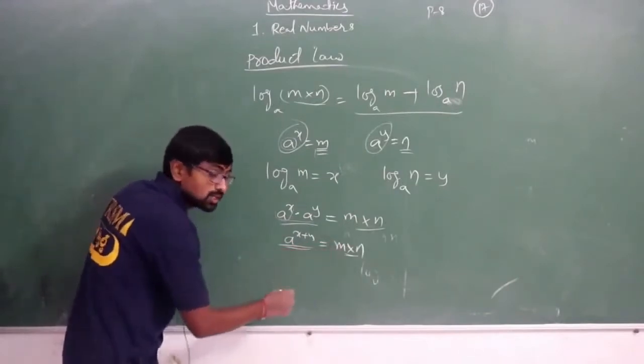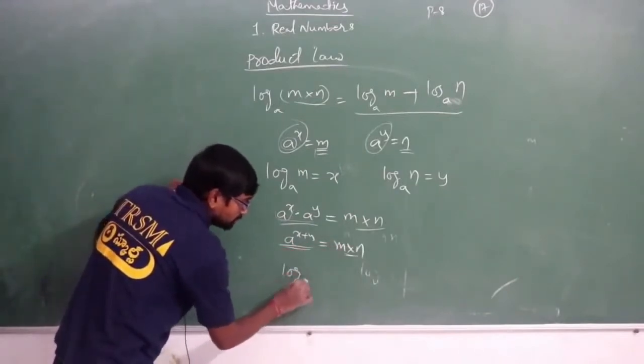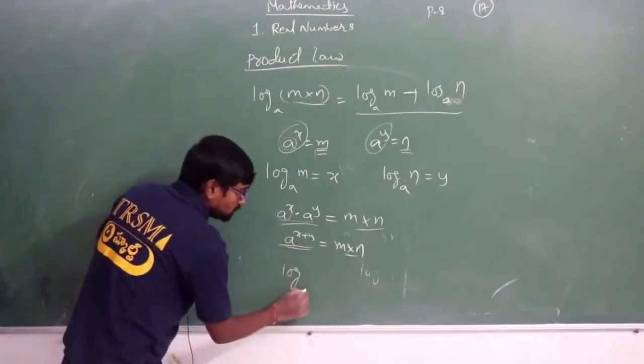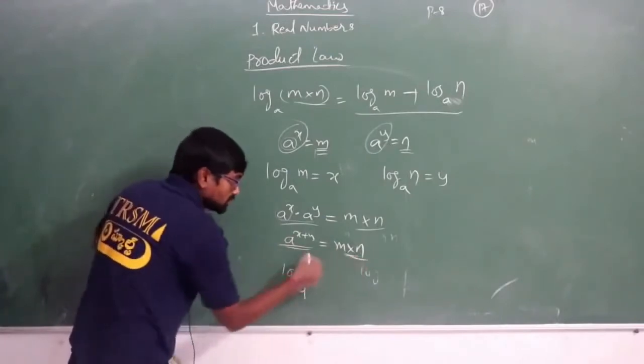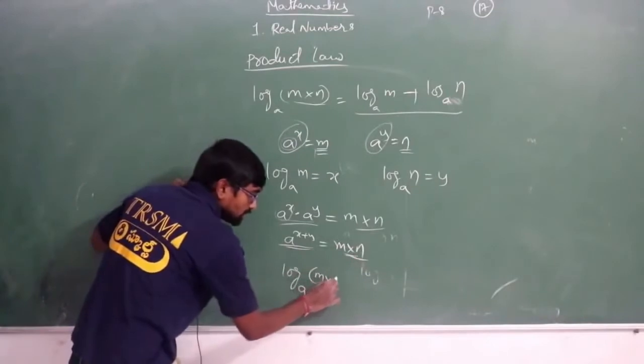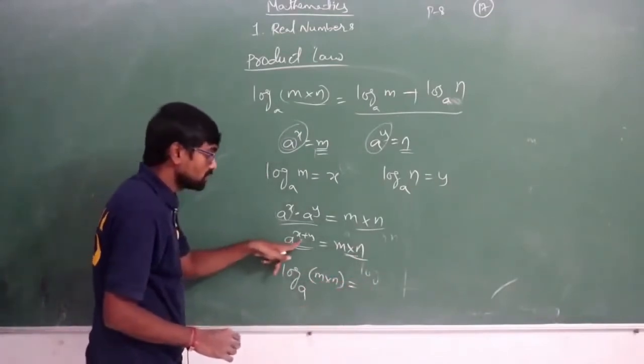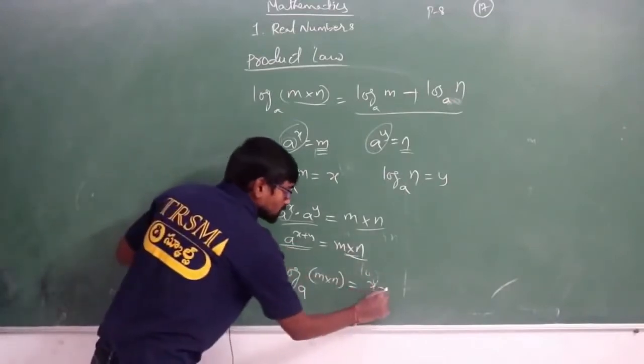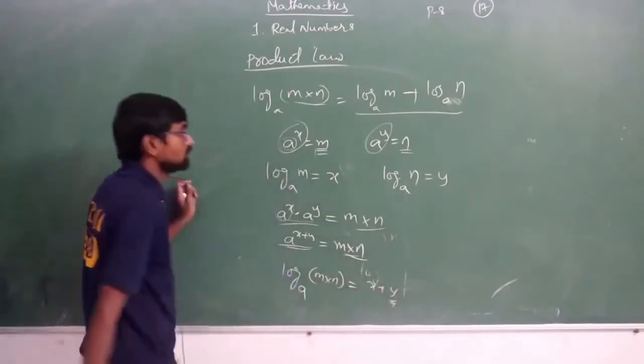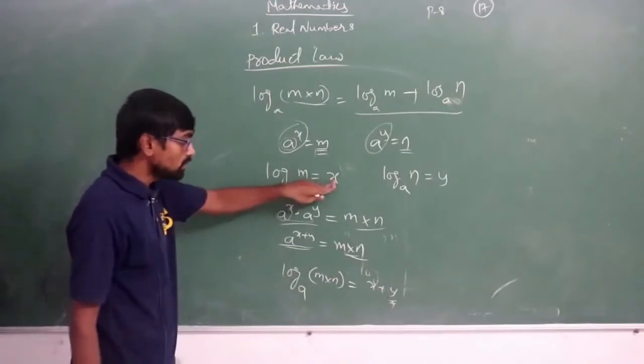If I convert this into logarithmic form, what will I get? Log, the base will be a, and the value m into n is equal to x plus y, isn't it? What is the x value here?